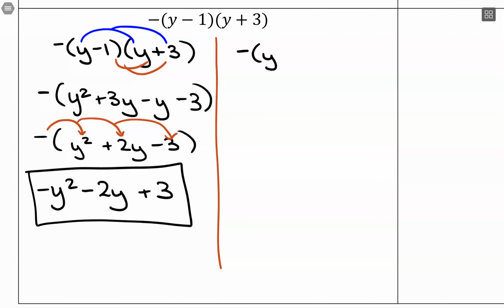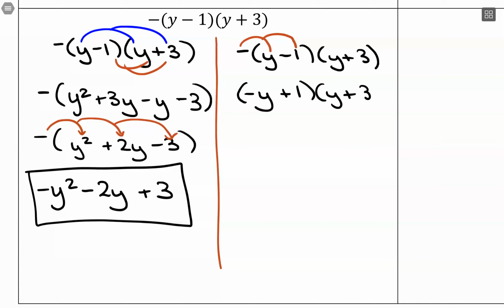Another way would be that we could distribute the negative in first. If we do that, though, it can only go to one of the sets of parentheses. So, like, I could distribute the negative into that first set. So having negative y and positive 1 times y plus 3, and then foiling, that works great.